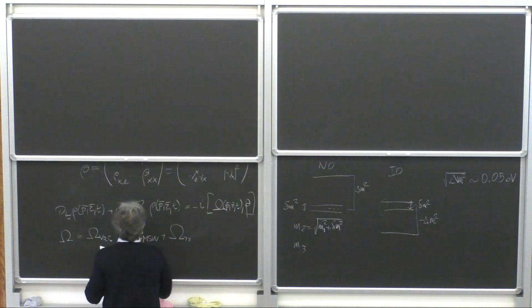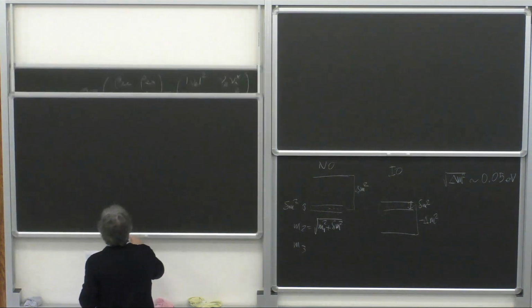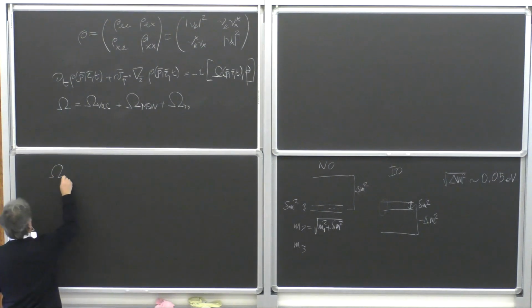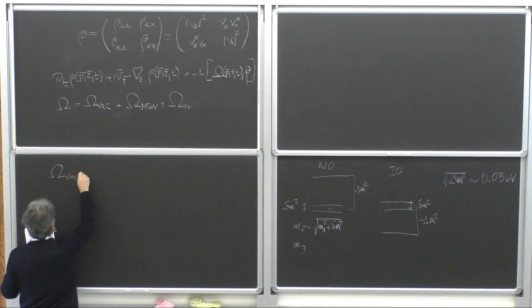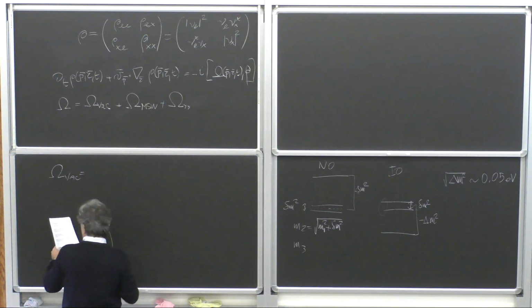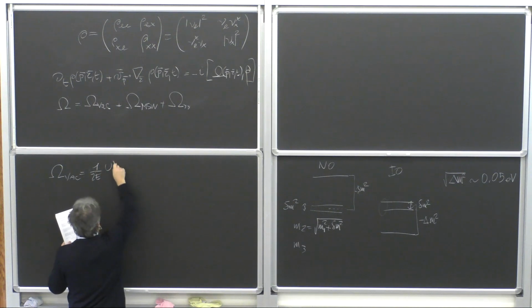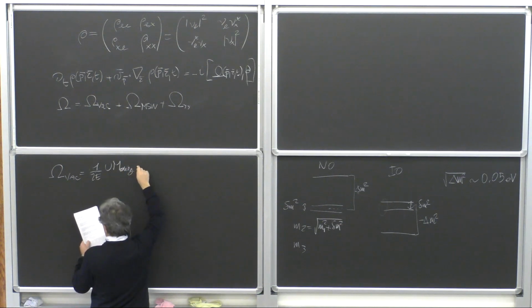Omega vacuum is 1 over 2E, U m diagonal U dagger.